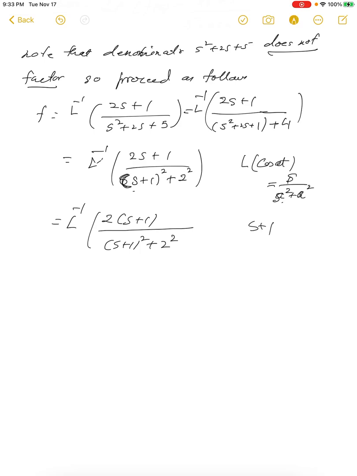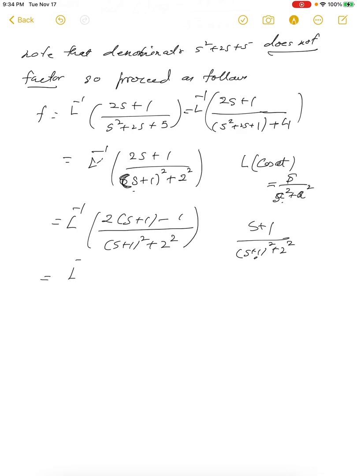This s plus 1 over s plus 1 square plus 2 square is just the Laplace transform of cos 2t shifted by minus 1. So you want to write the expression like this because the inverse transform of this you can find. But this is 2s plus 2, so I have to subtract 1.